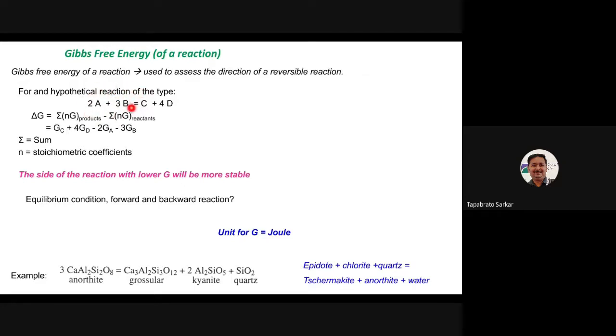If the left hand side of the reaction has a lower G value, it's not the del G, the lower G value, then the reaction will move from the right hand side to the left hand side. And we all know that, right? Is it all fine?